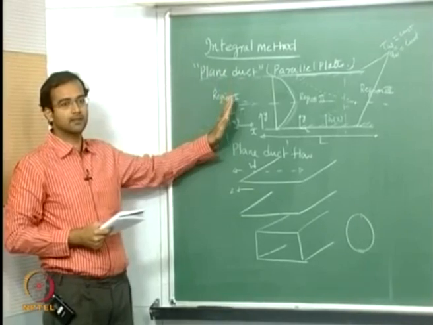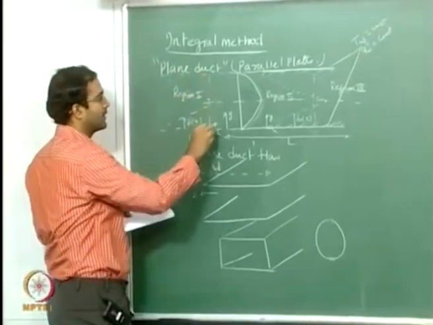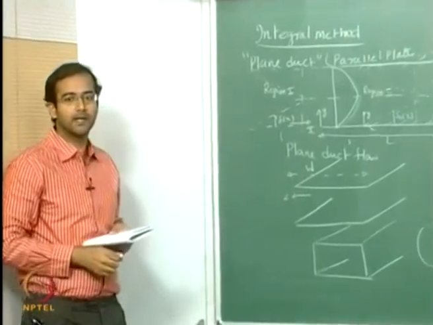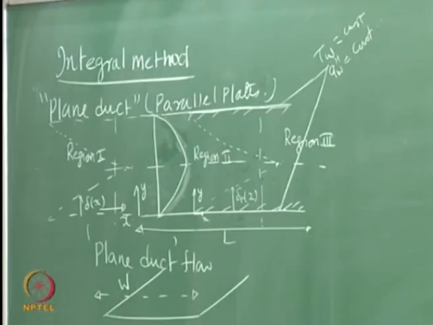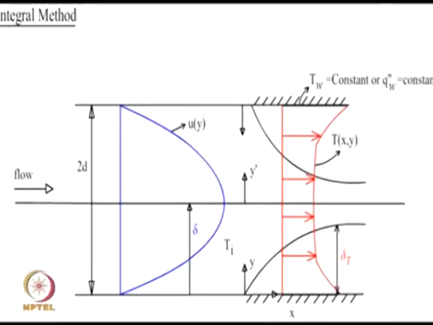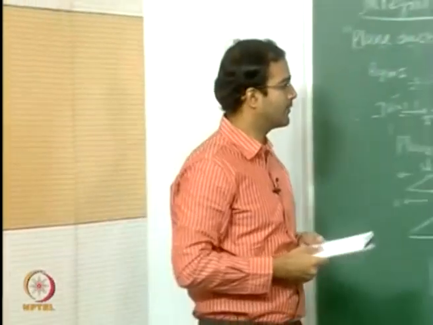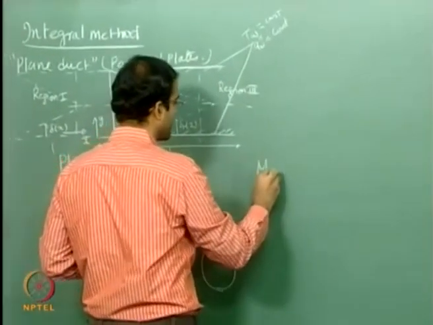But once it is about to merge, and once it has merged, again the momentum integral equation loses meaning. So therefore when it comes to using the integral method for internal flows, you have to be very careful in which region you are applying it, as far as the momentum integral is concerned.